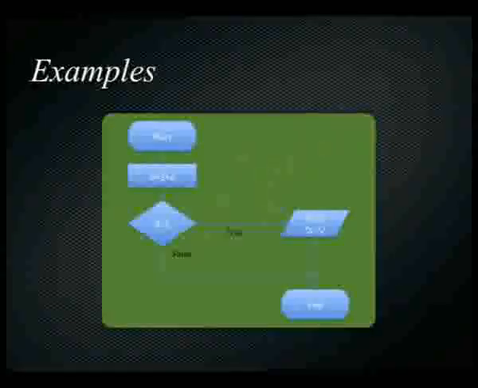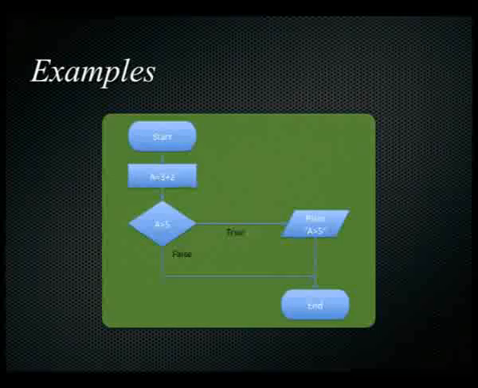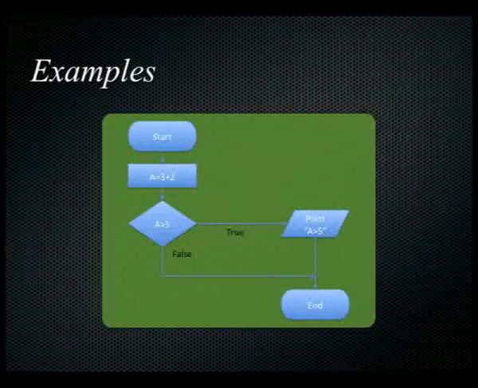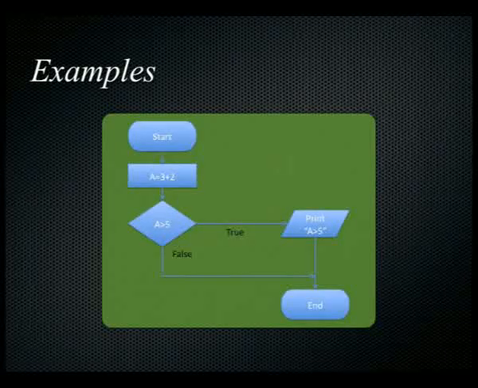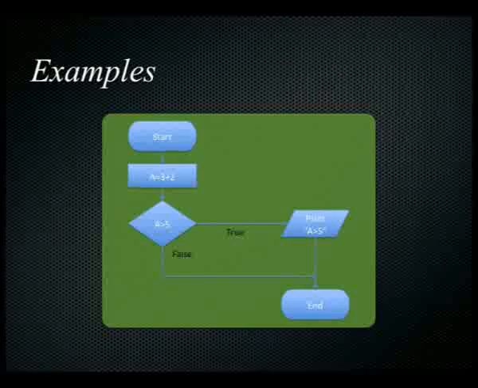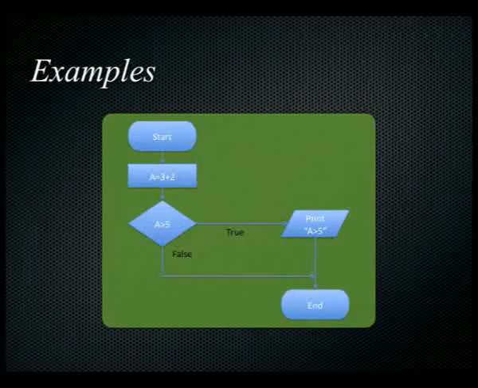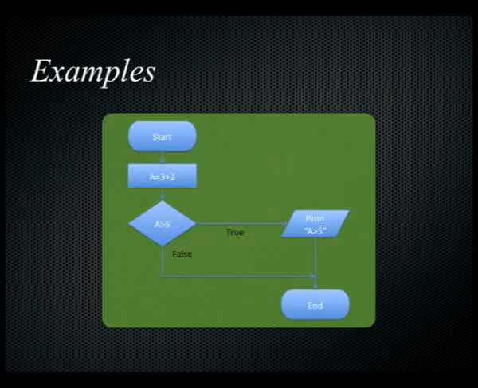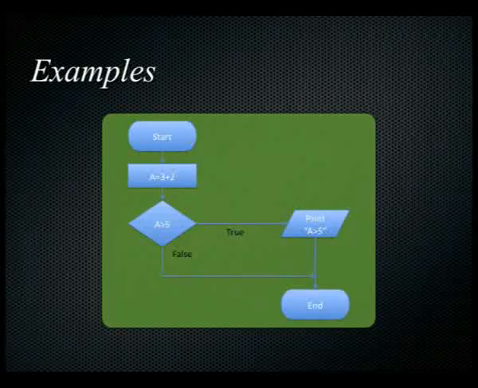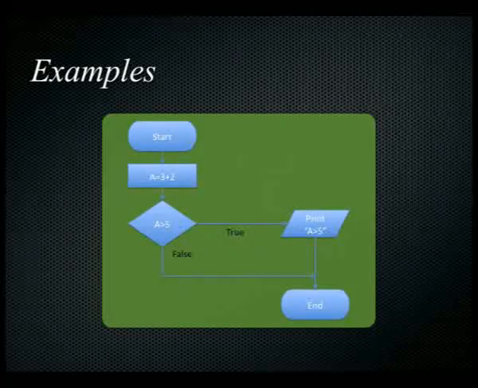So to give you an example of this, we have start, a equals 3 plus 2. If a is greater than 5, then we print a is greater than 5. We can clearly see that we've got our decision block with a condition inside it, a true line to show what happens if that condition is true, and a false line to show what happens if that condition is false. So you can see exactly what's going to happen if you were to write this flowchart into code and execute it.